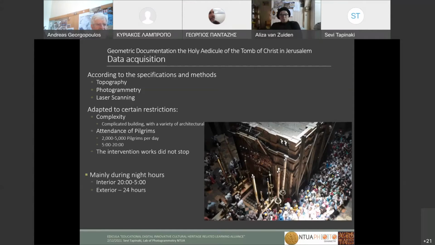Therefore, data acquisition had to be done correctly and carefully, but quickly, to keep up with the interventions. In some days, we had to work 20 hours continuously.